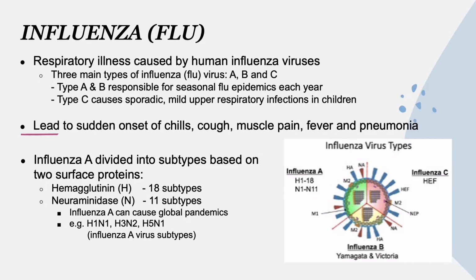The influenza A viruses can be broken down into subtypes depending on the genes that make up the surface proteins, and therefore they are divided into subtypes based on two surface proteins, hemagglutinin and neuraminidase. There are 18 different hemagglutinin subtypes and 11 different neuraminidase subtypes.